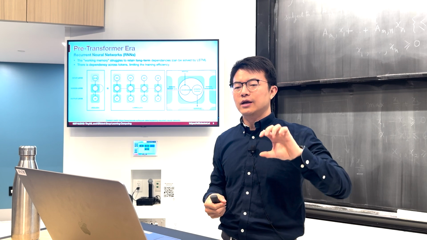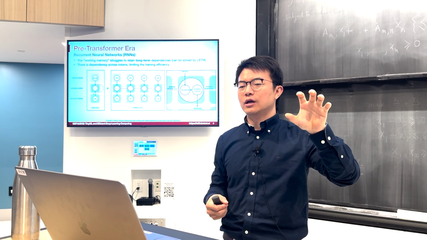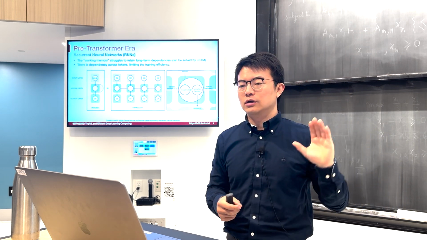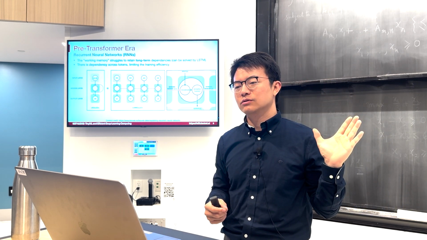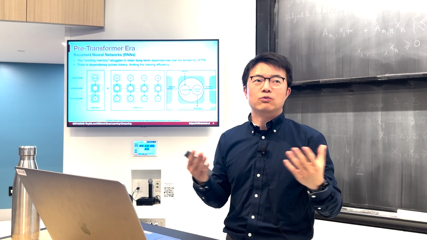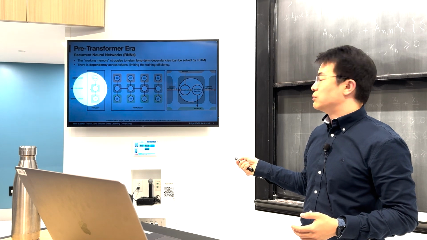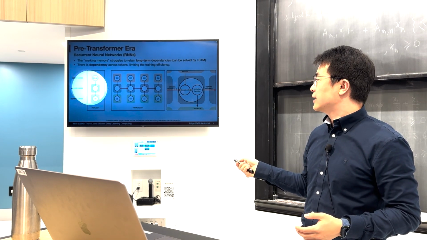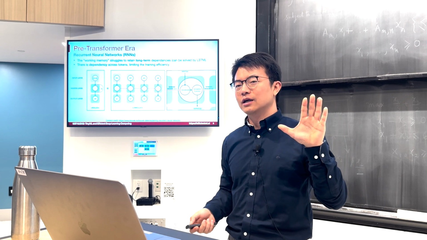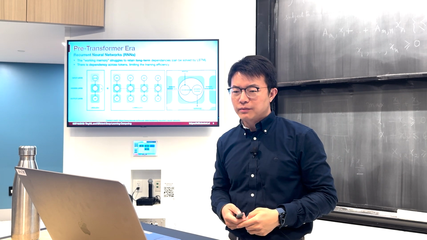So you have a fixed working memory, but it struggles to maintain those long-term dependencies. If you have a pretty long sentence, you probably want to save a lot of information rather than compressing all the information within a very limited hidden layer, as we did in recurrent neural nets.